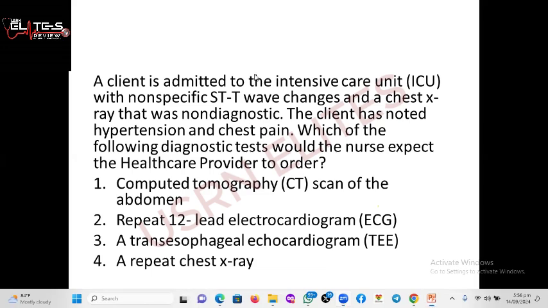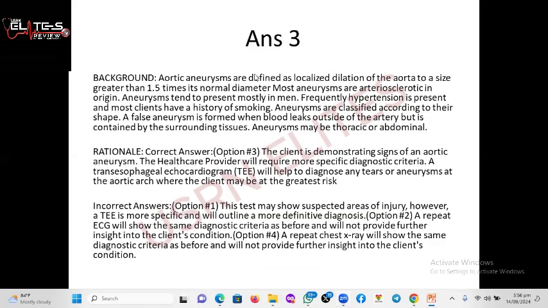Okay, let's learn together. The third option is the diagnostic investigation, as to whether you use X-ray or CT scan, or you use transesophageal echocardiogram.